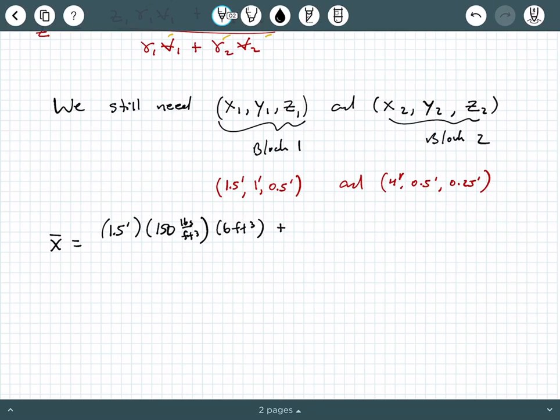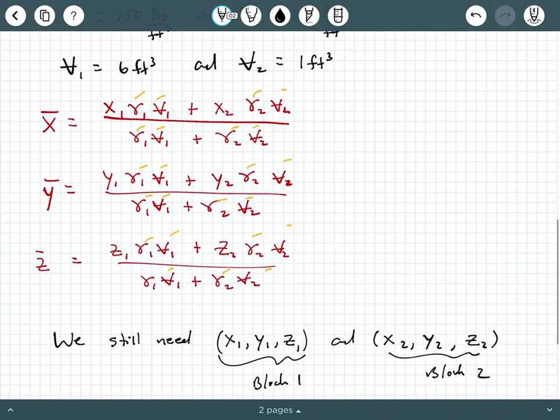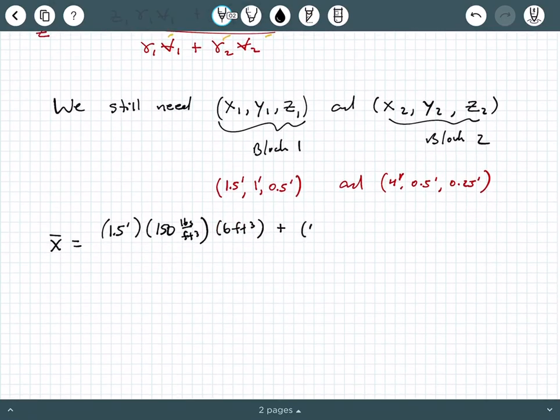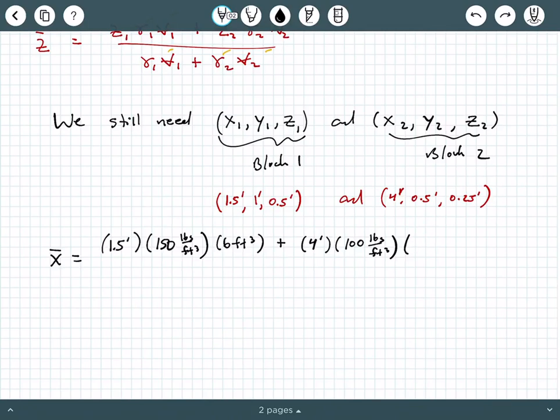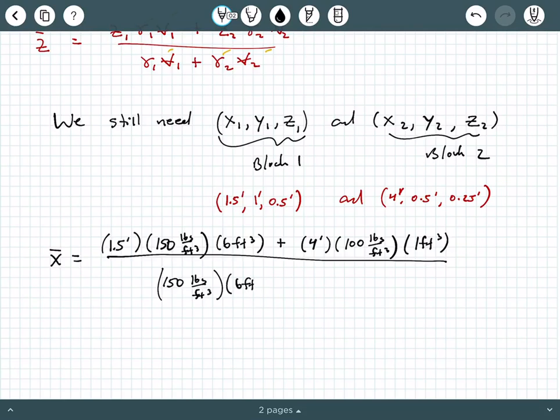All right. And then plus x2 gamma 2 volume 2. So plus 4 feet times 100 pounds per cubic foot times the volume, which is 1 cubic foot. And then all that's divided by 150 pounds per cubic foot times 6 cubic feet plus 100 pounds per cubic foot times 1 cubic foot.